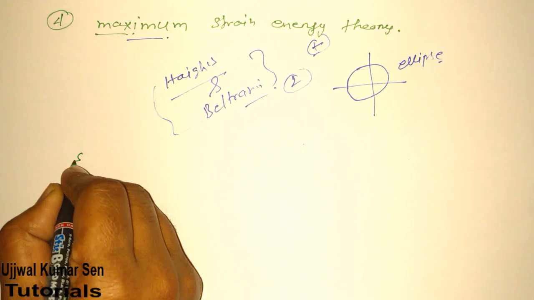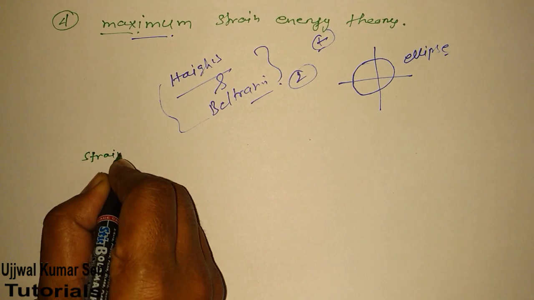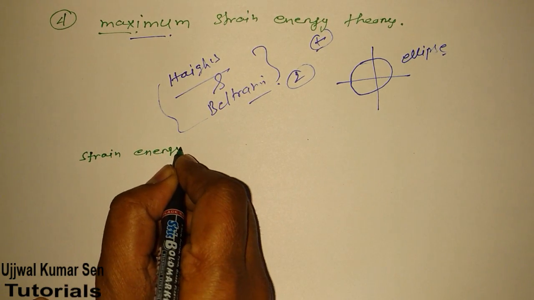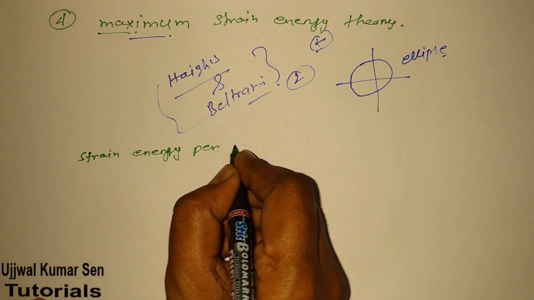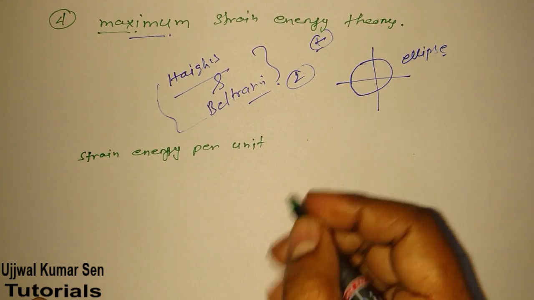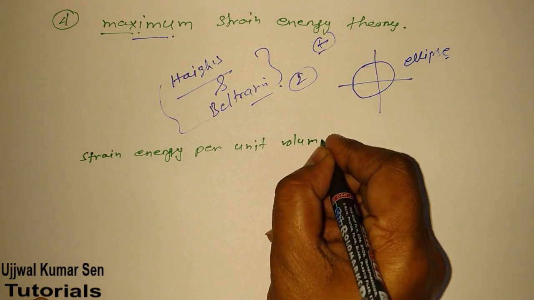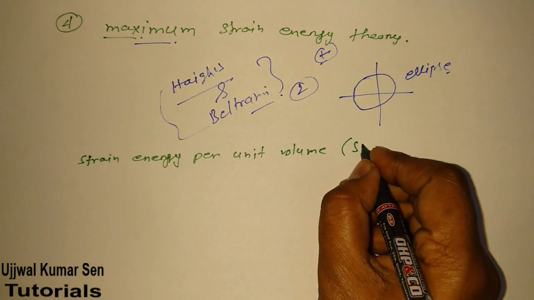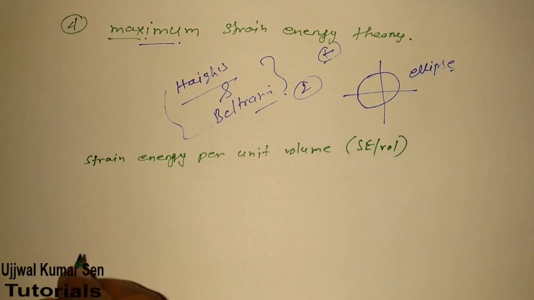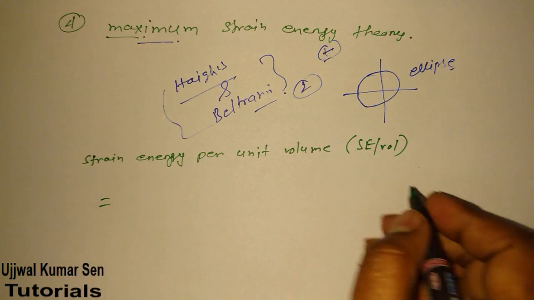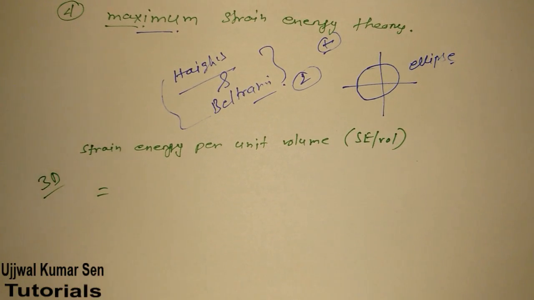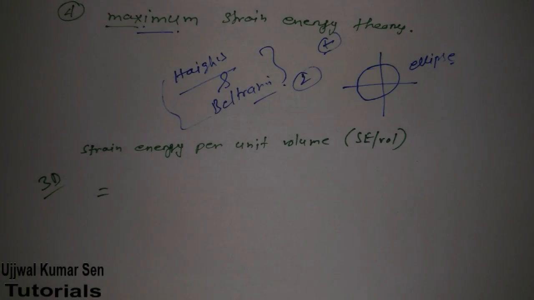Here it is, strain energy per unit volume. You can see, in short, the strain energy per unit volume is equal to, if you're talking about 3 dimensions, we are considering sigma 1, sigma 2 and sigma 3, then what is the value of it?